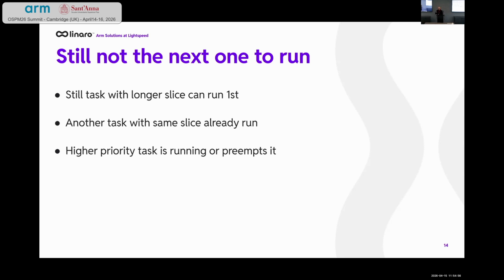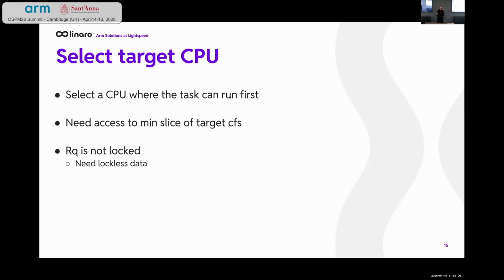So we have to handle the case where you will not run first. And that's where I'm coming now. So in this case, in order to minimize even more the situation, the goal is, when we are selecting a CPU, right now we are only looking at idle CPU or less loaded CPU.